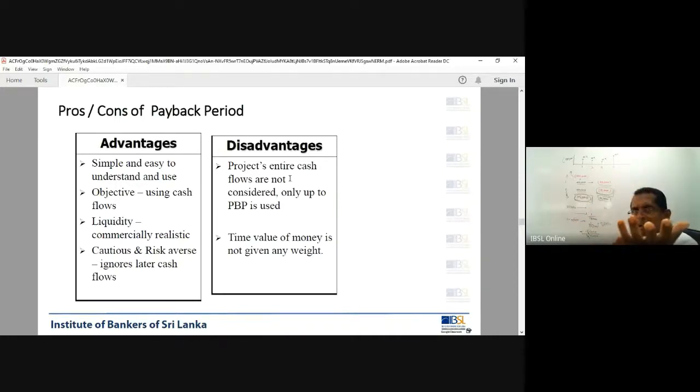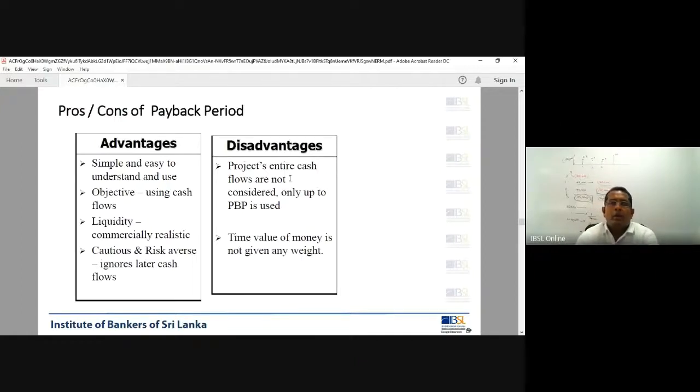So you will select project A, whereas the actual major money is in project B, right? So payback period, we want to find out the project which generates fastest recovery, right? Again, we don't bother about time value of money. Today 100 and next year 100 is same for us under this, right?